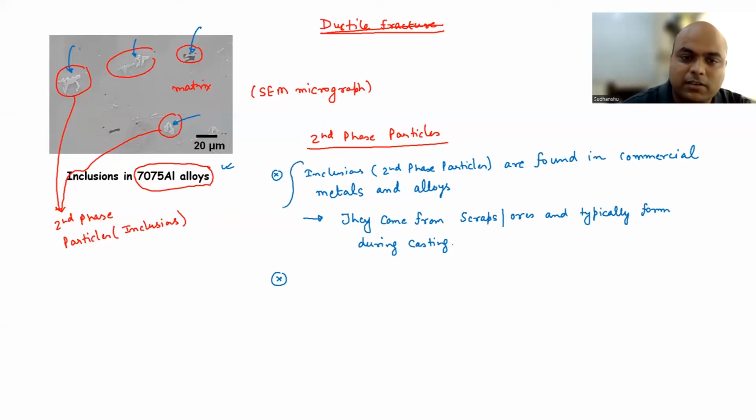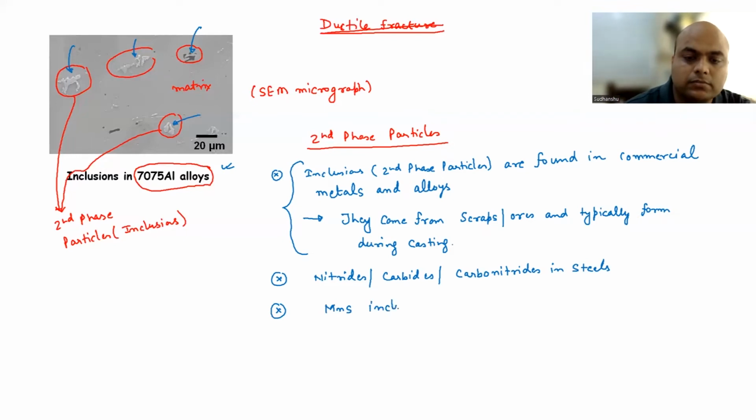Remember, these inclusions that I just mentioned are very harmful to the materials. So nitrides, carbides, carbonitrides in steels. And in steels, you know about MnS inclusions, right?